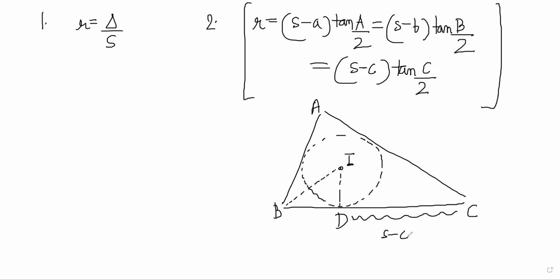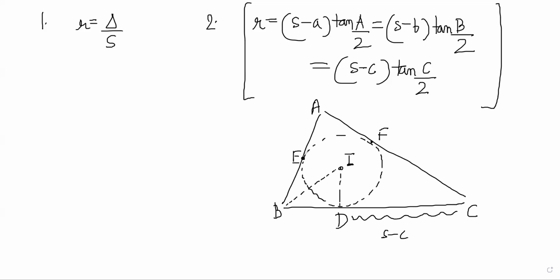Sir, so first we name all the points where the circle is touching. So BD is X and BE will also be X. Why is it also X? Because they are from the external point, and from the external point we have the same length of tangent.